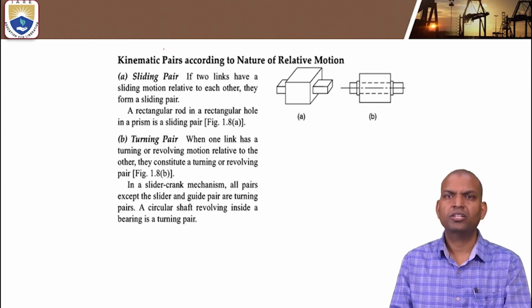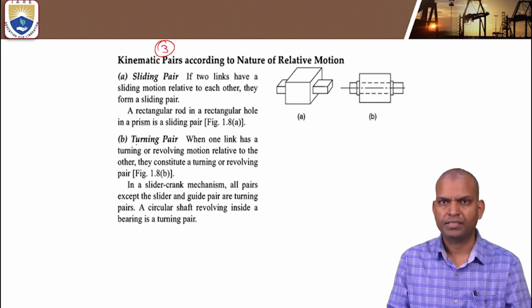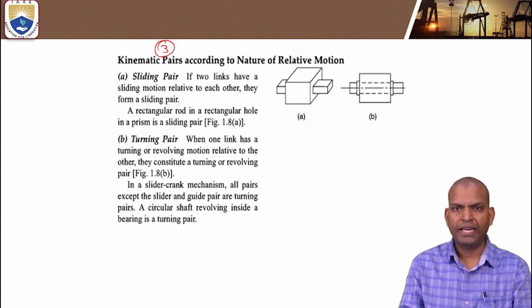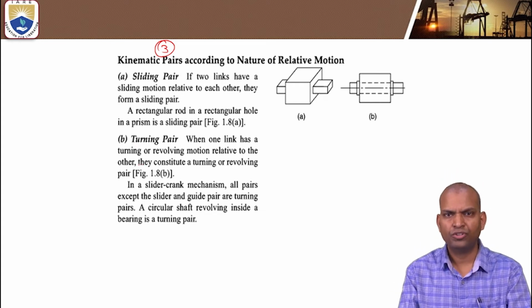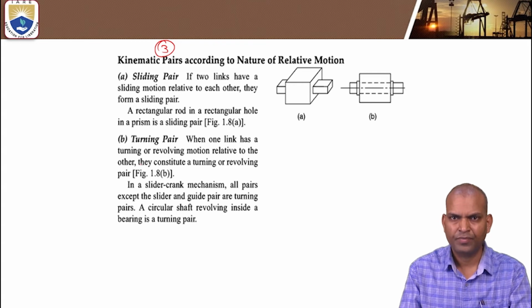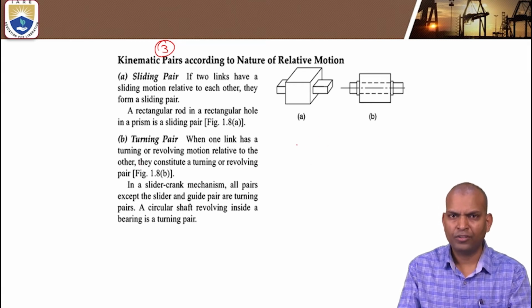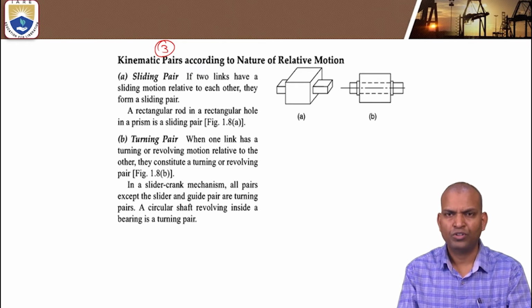Next, this is the third classification of kinematic pairs. Here kinematic pairs are classified according to relative motion between the links. I'm going to discuss how to remember them in order.